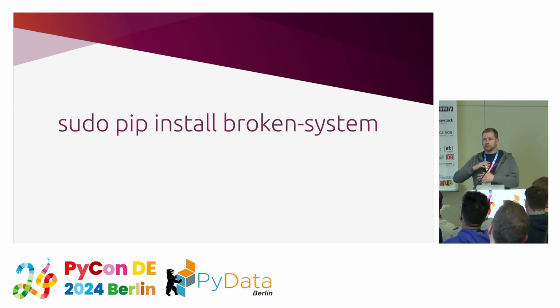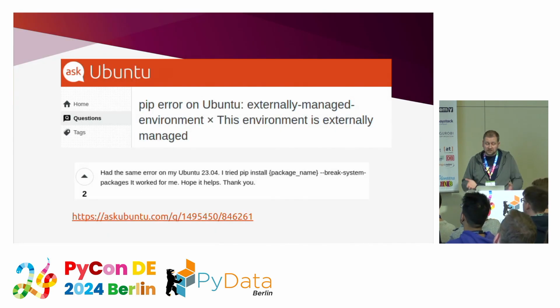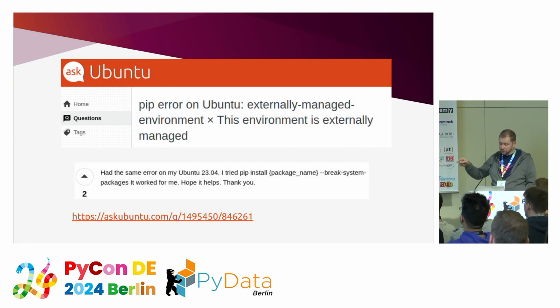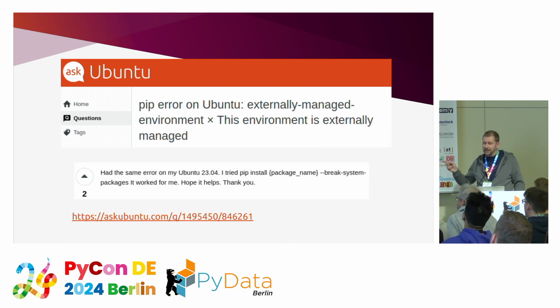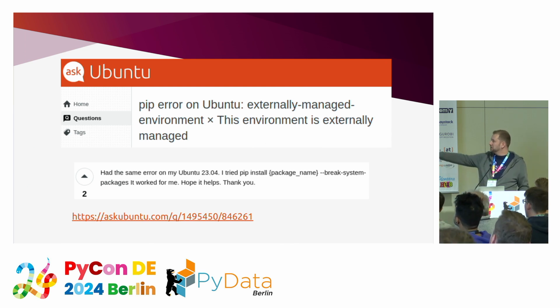There was a PEP about preventing this, and thanks to everybody who was involved in that. But as you know, now people even share workarounds to re-enable that bad way and to shoot themselves in the foot again. Like, why would you use --break-system-packages with a command?